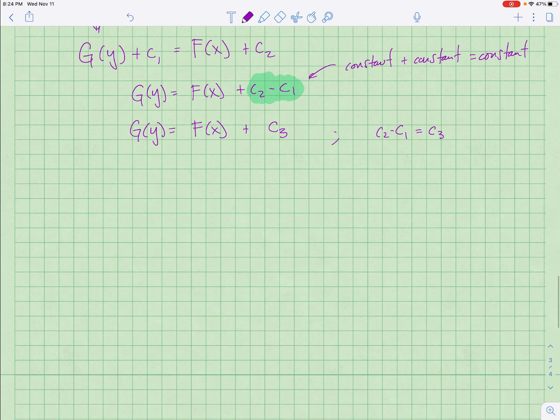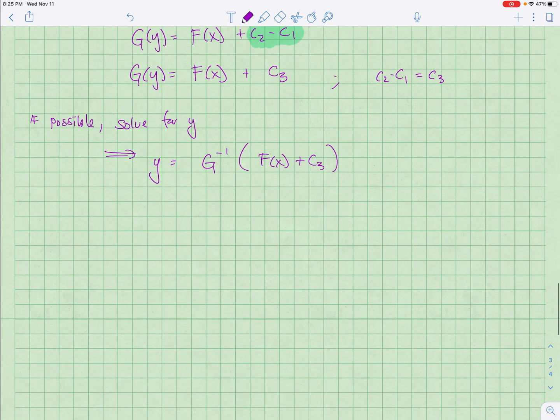And then if possible, solve for y, in which case, I don't know how complicated capital G is, but if you had to, you could do the inverse operation, allowing you to solve for y.